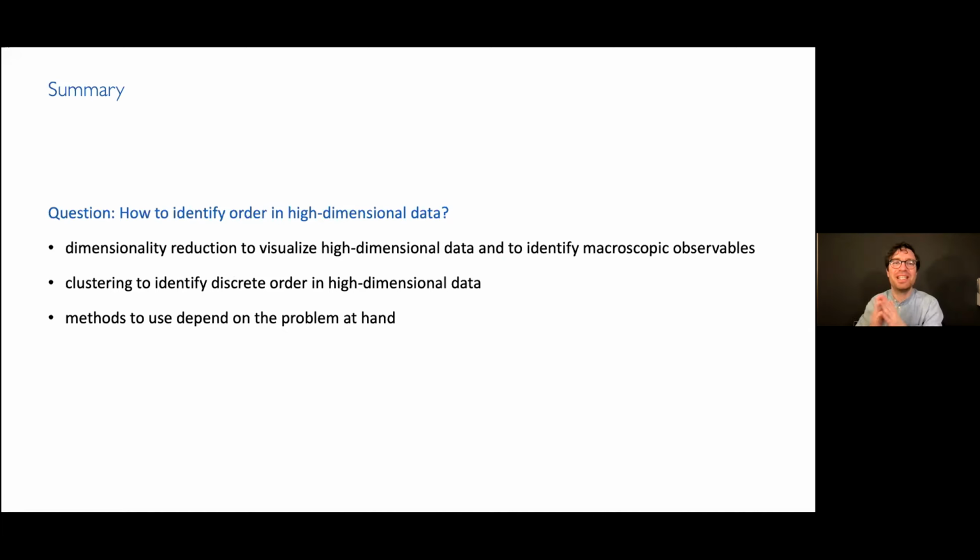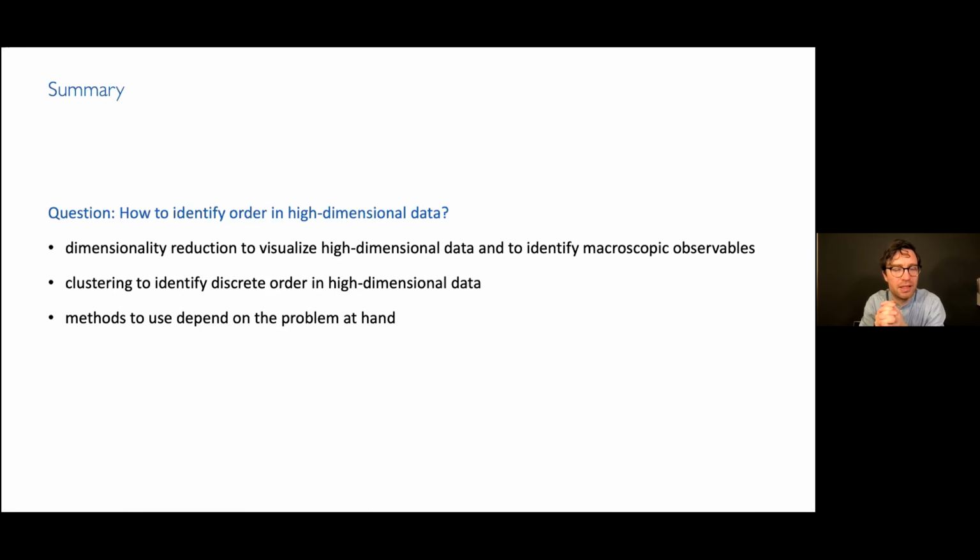Just as a summary, the question I wanted to talk about is how do you explore high-dimensional data to identify order in this high-dimensional data set? I showed you a couple of dimensionality reduction techniques to visualize your high-dimensional data and that allow you to identify a small set of macroscopic observables to describe your data.